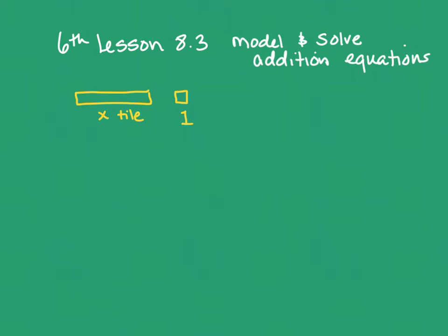So in this lesson, they want to show us how to model an equation and then use that model to solve an equation. If we were in class, I would have actual tiles for you to manipulate, but for now we'll just use the drawings. We're given this problem to investigate where Thomas has $2 and he wants to buy a poster that costs $7.